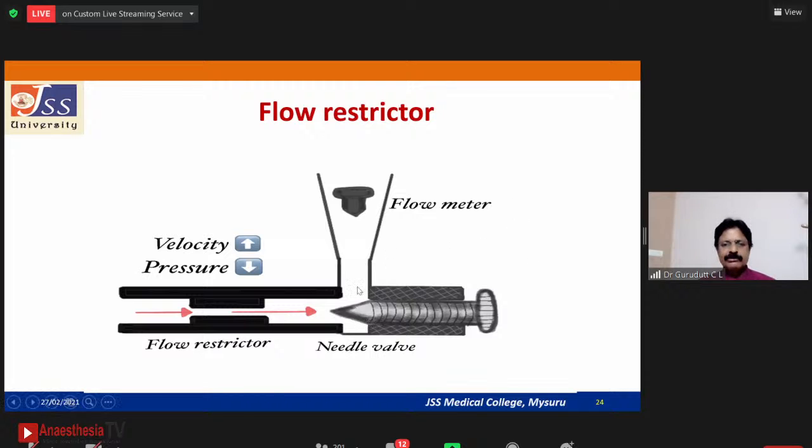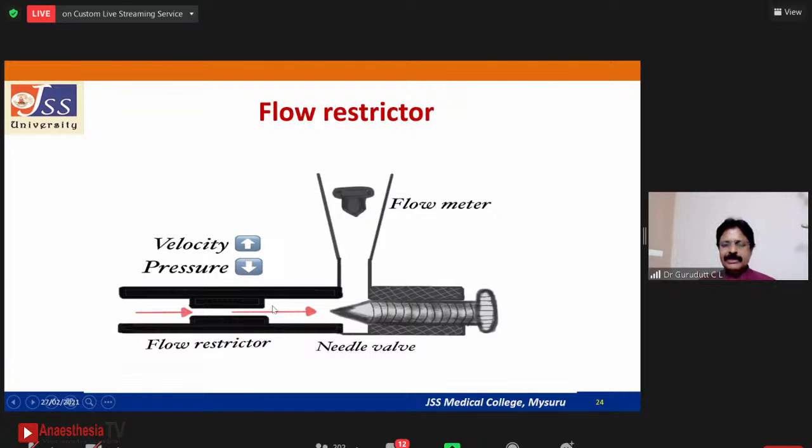Now this is the needle valve of the flow meters. You can see the piping which is just proximal to, or upstream of, the needle valves. Here there is some narrowing of the tube. Because of the narrowing, the gases coming through will have an increased velocity and decreased pressure.